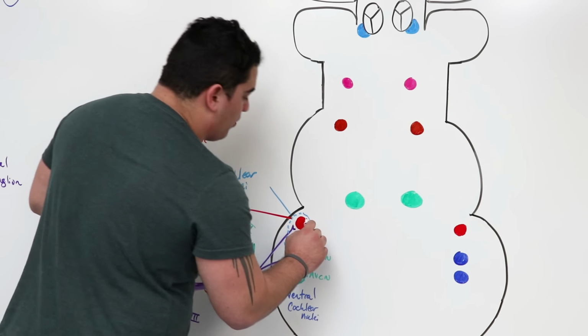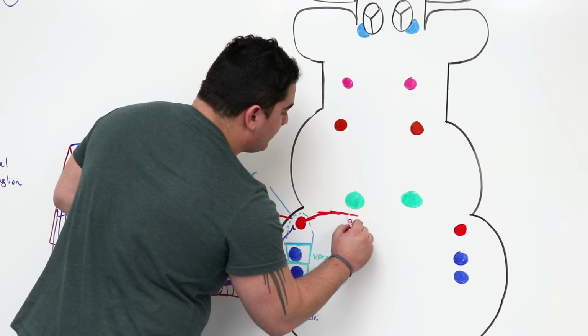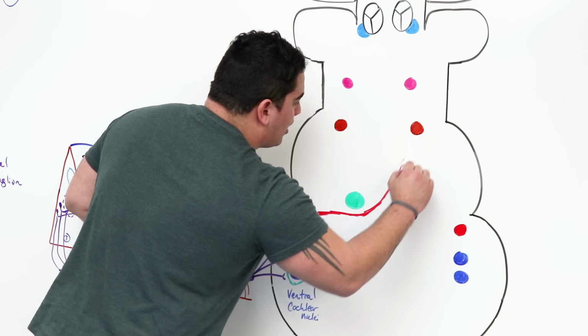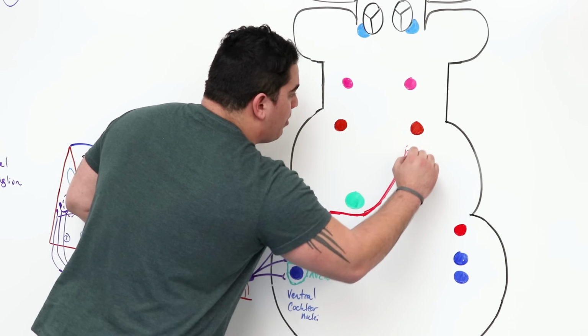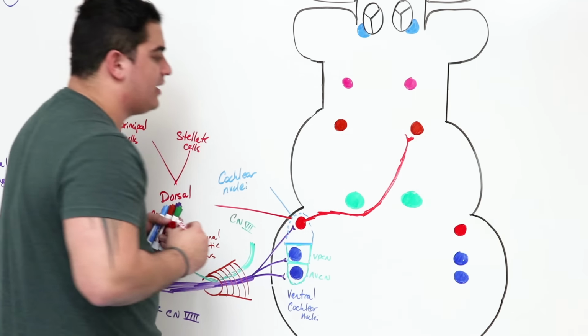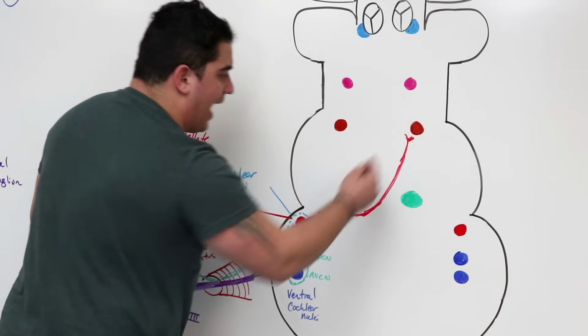These axons start moving over and go to a special structure located within the pons called the nucleus of the lateral lemniscus. We'll talk about that in a second. The principal cells and the stellate cells give off these axons, and as they cross over to the other side, they're also ascending at the same time.